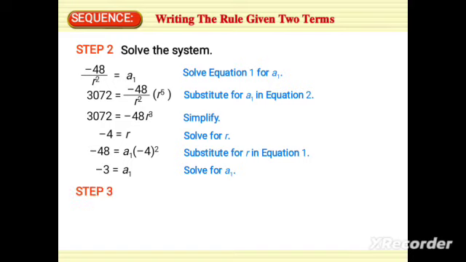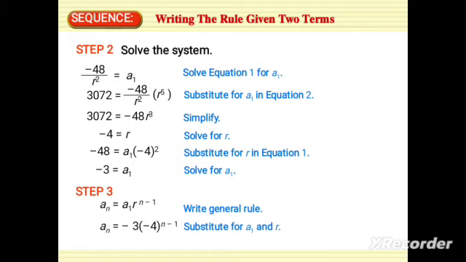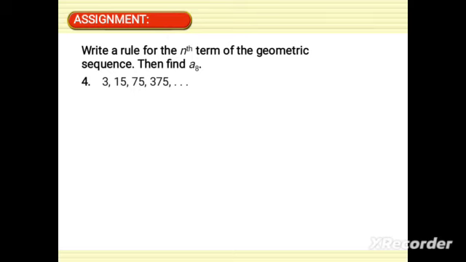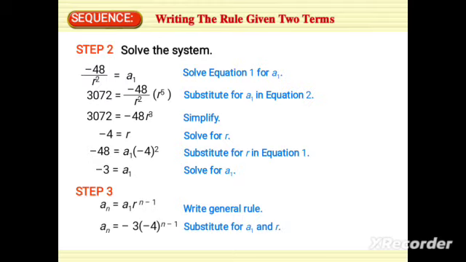So with that information, we can now write down the nth term, which is -3, that is the a, the first term, times r, that is -4, raised to n minus 1. So this is our nth term.